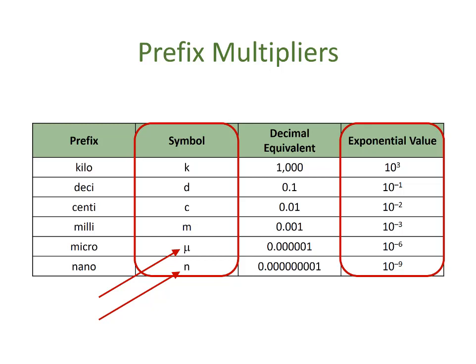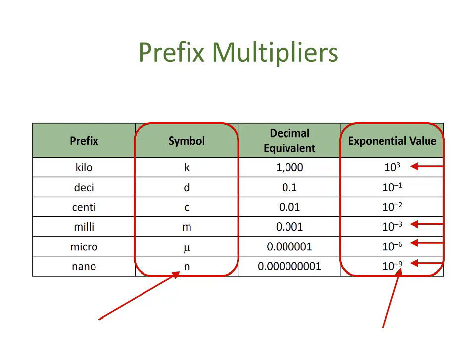One way that I remember which one is which is that the nano begins with an N and the exponential value on nano is 10 to the minus 9. Notice that nano and 9 both begin with the letter N. Another thing that is useful to note is that most of the exponential values have exponents that are multiples of 3.